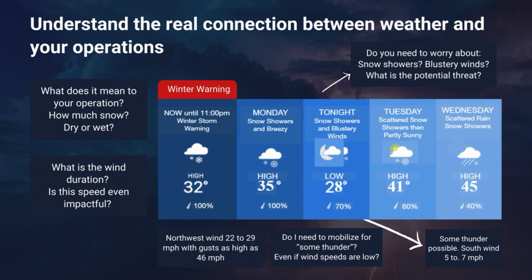I might have some cross arms. A light blustery snow, I'm probably just going to sit out. So I just don't have a lot with this forecast right here. There's not a whole lot I can do other than it provides me a little bit of intuitive information. But if you read this, you're going to read it differently than I'm going to read it. There's not a whole lot that I can plan off of this.